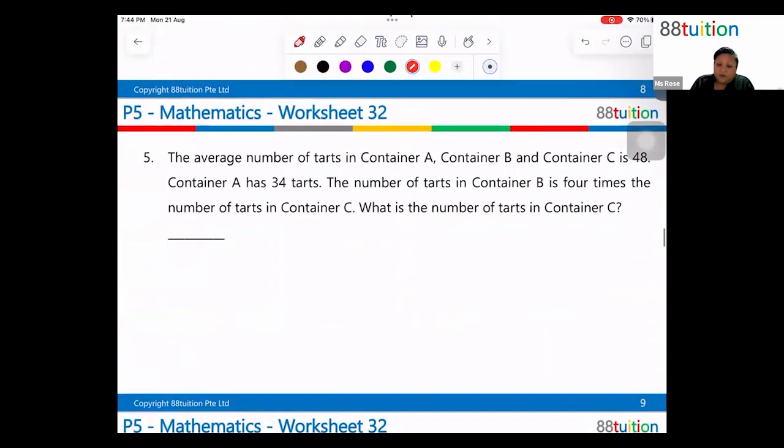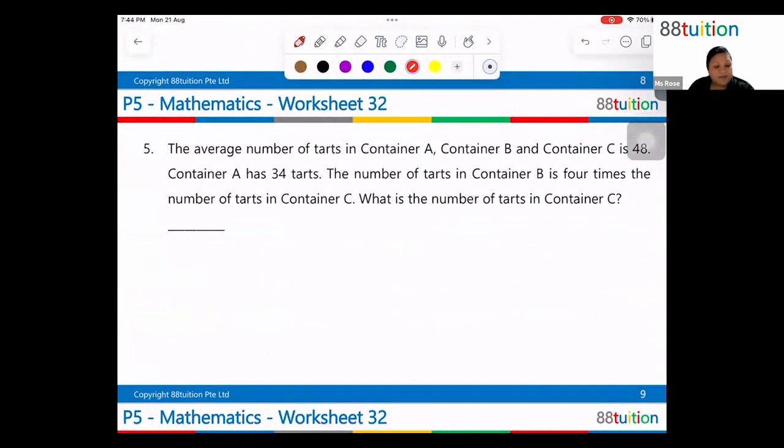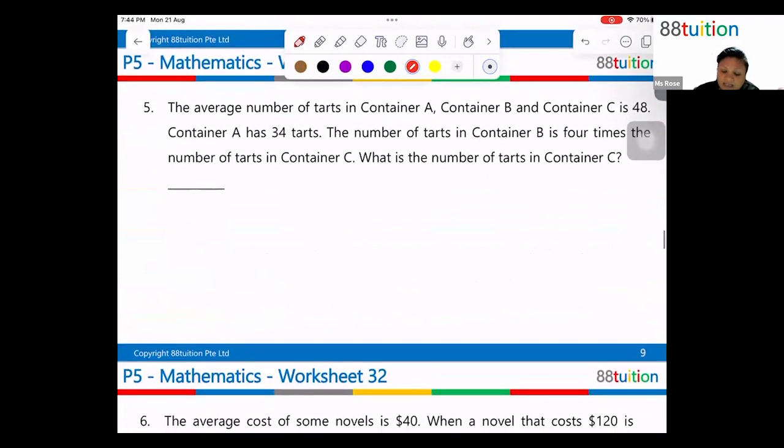Okay, so for question 5, what do we have here? They say that the average number of tarts in A, B, C is 48. So number of tarts times the average.